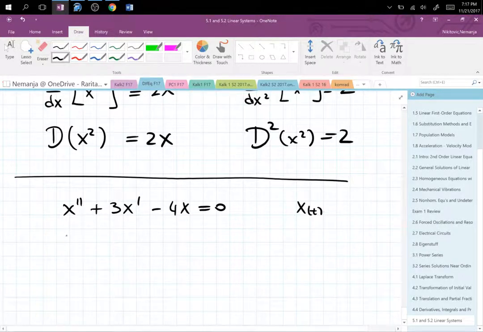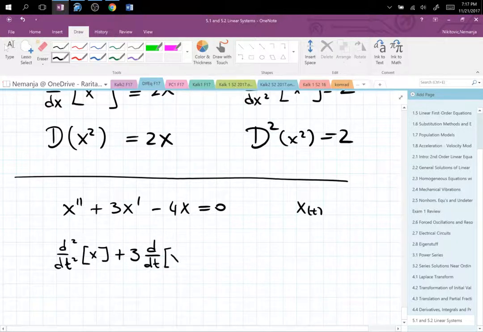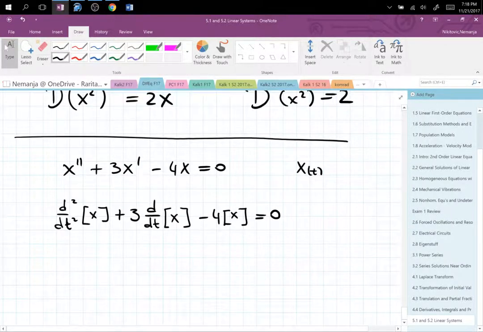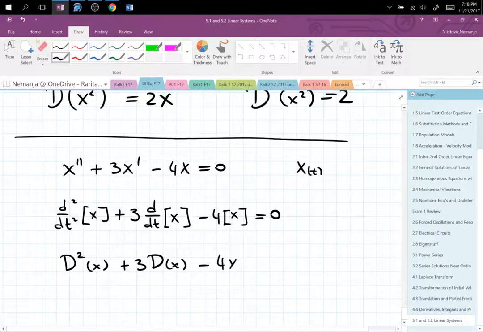Now, the first term is written as the second derivative with respect to t of x, plus 3 times the first derivative with respect to t of x, minus 4 times the zeroth derivative, and that's equal to 0. So now this would be given as D squared of x plus 3D of x minus 4x equals 0.